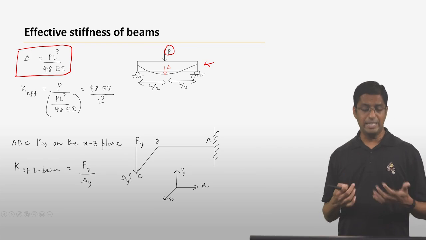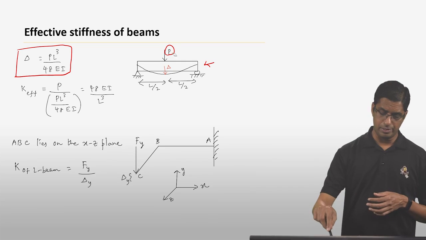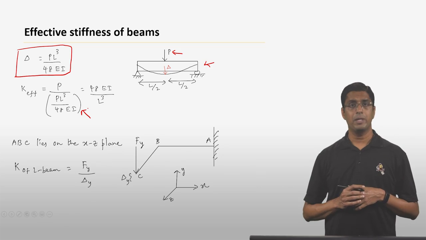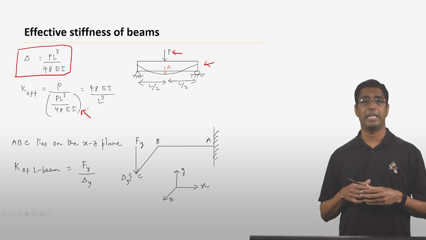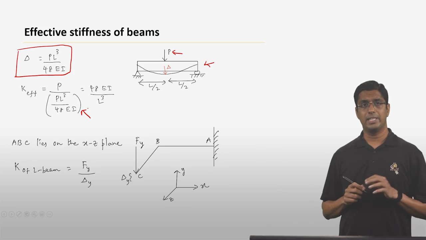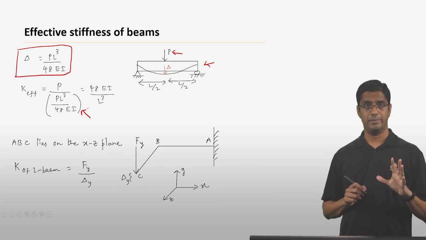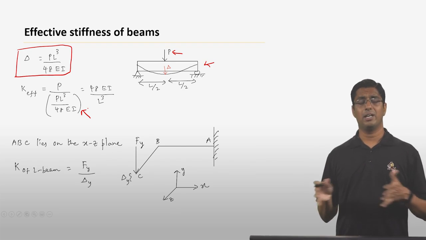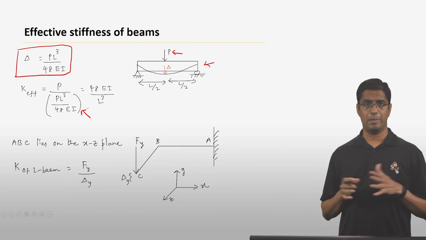Now we again define K effective the same way. The force that we are applying is P, and the deflection that we are getting is PL cubed over 48EI, and the effective stiffness turns out to be 48EI over L cubed. One thing you should notice here is that the effective stiffness does not depend on P. It depends only on the geometry of the structure, the loading conditions, and the material properties.